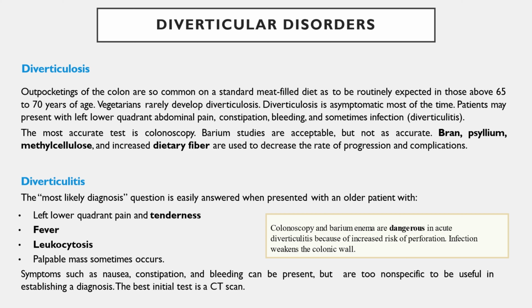Barium studies are accepted, but not as accurate. Bran, psyllium, methylcellulose, and increased dietary fiber are used to decrease the rate of progression and complications.